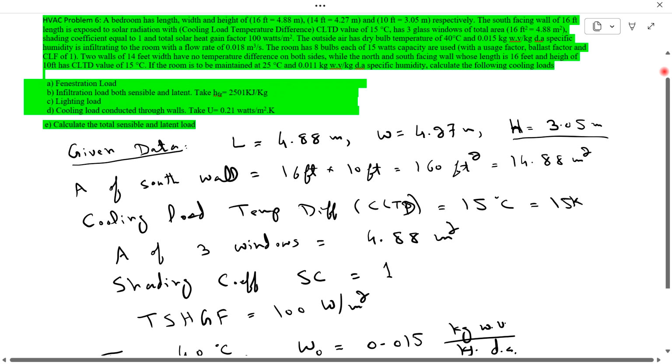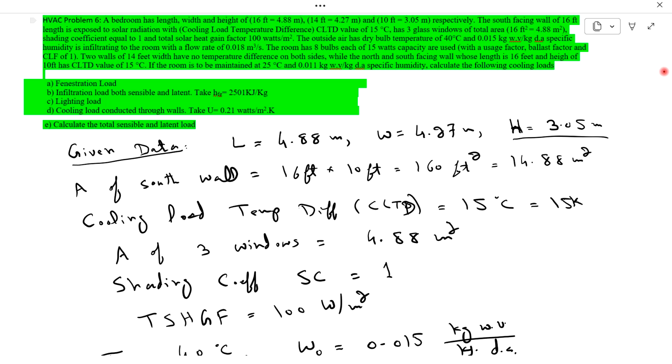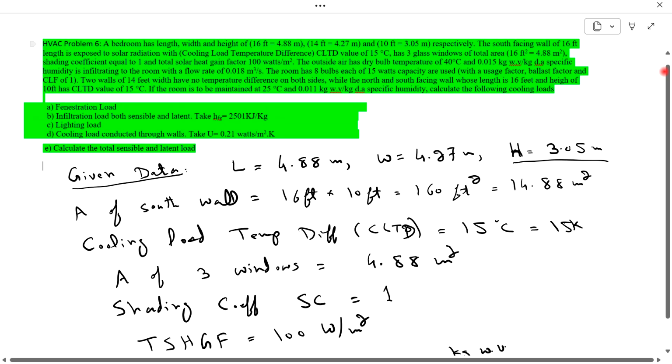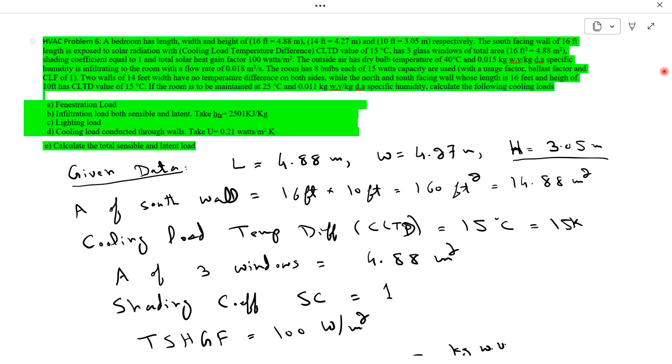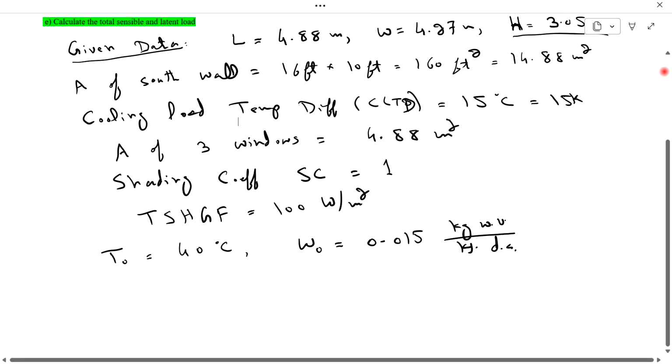Air is infiltrating into the room with a flow rate of 0.018 meter cube per second.